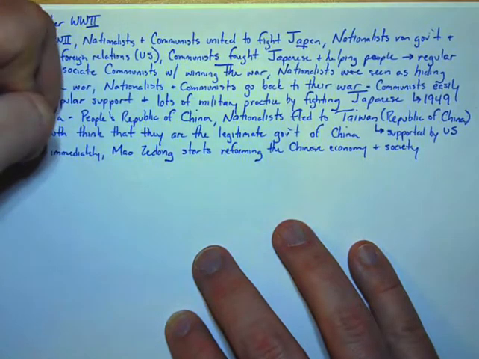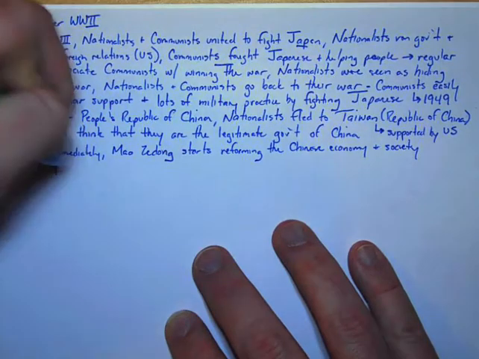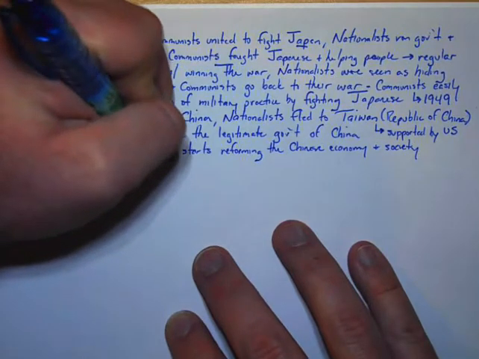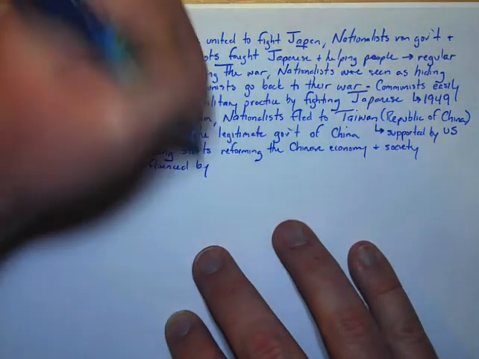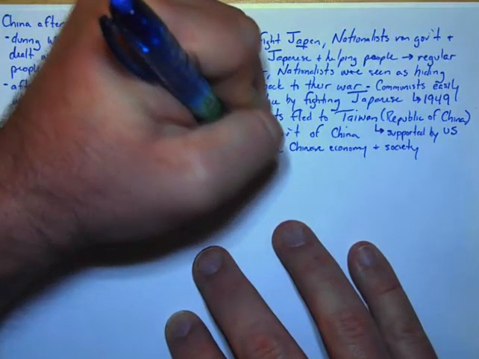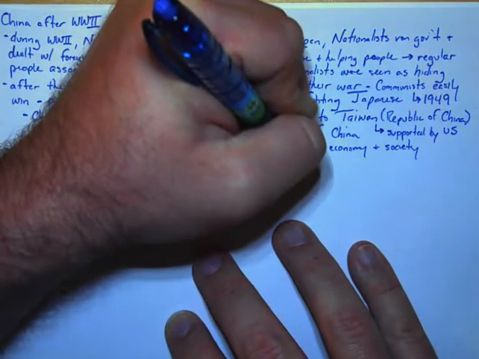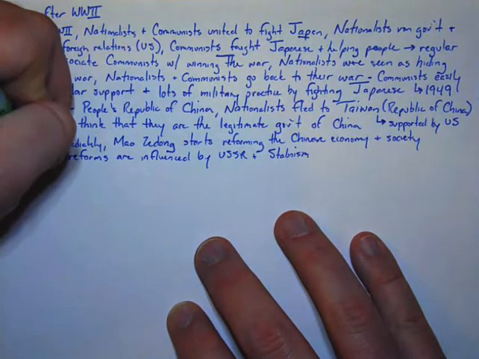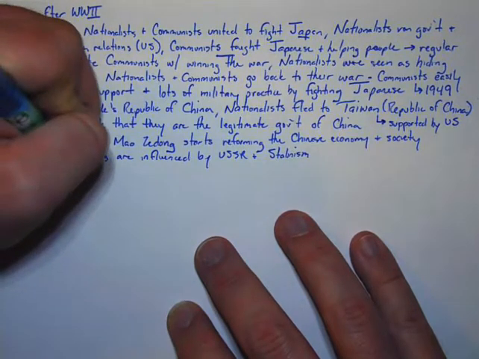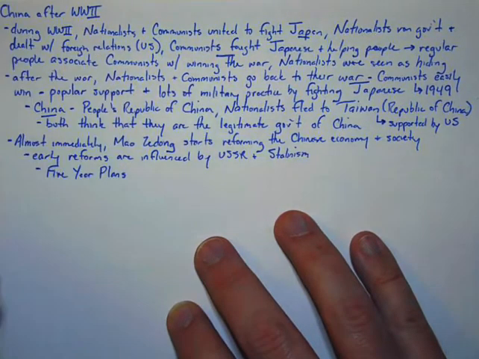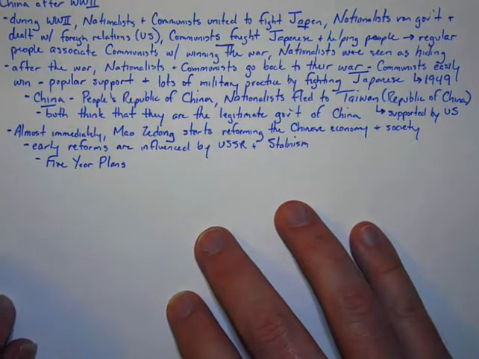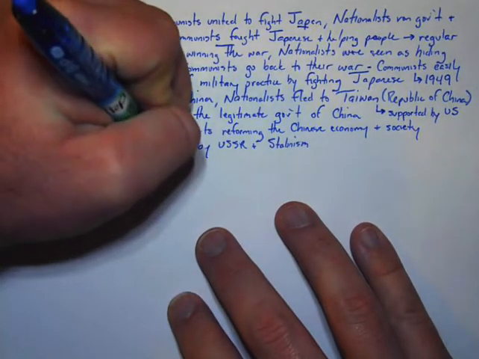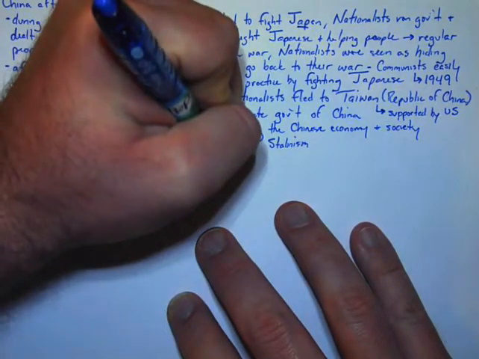And a lot of these early reforms are influenced by the Soviet Union and Stalinism. So we see 5-year plans. We still see 5-year plans in China. Most of these 5-year plans are focused on heavy industry.